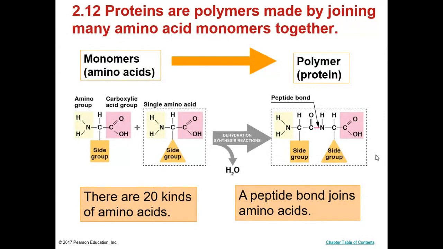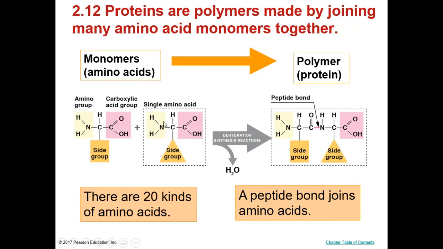So now proteins are large polymers made up of hundreds of monomers. The large polymer is called a protein, whereas the smaller monomers are called amino acids for proteins. This is more or less what an amino acid looks like. Amino acids are carbon chains with nitrogens in them and a couple of oxygens as well.